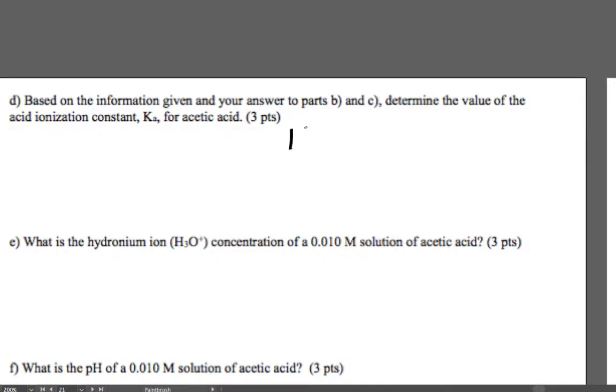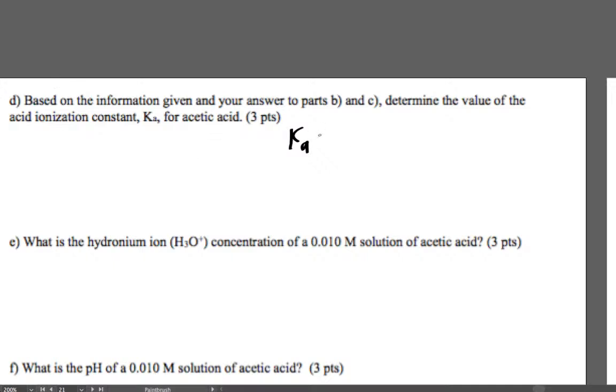The Ka for acetic acid, CH3COOH. Oh wait, no, actually that's not how you should do that. Instead, the H2O is ignored. So let me just remove that first. There we go.